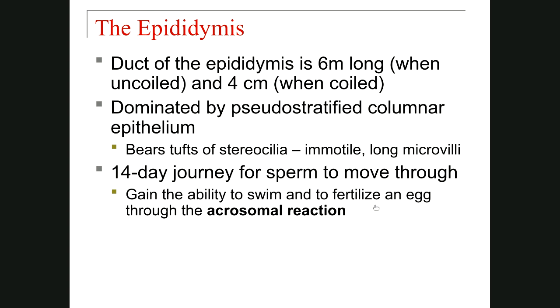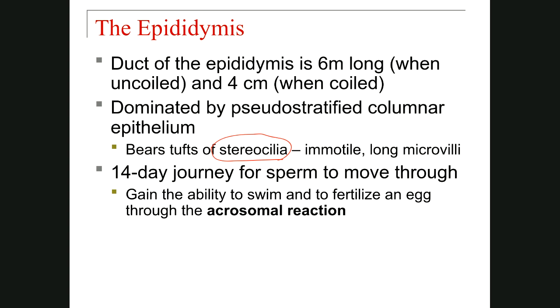The epithelium which we have for this duct is pseudostratified columnar epithelium. But this pseudostratified columnar epithelium contains a very specific specialization in the apical border. The apical border of the cells contains stereocilia.